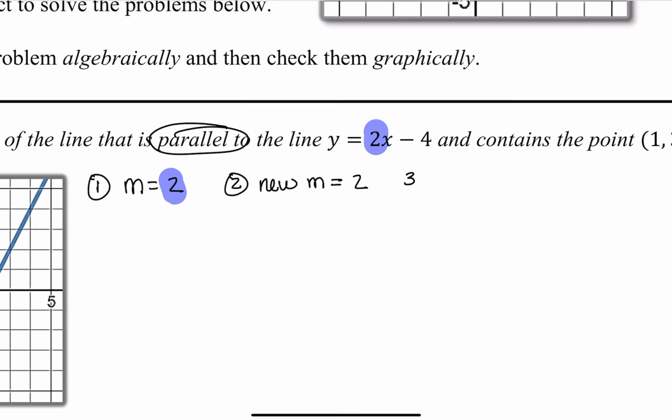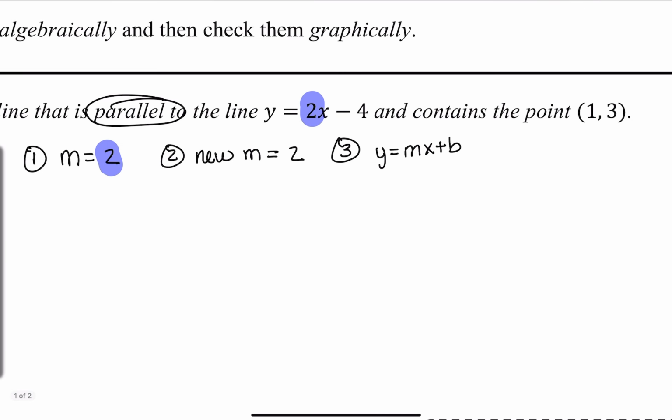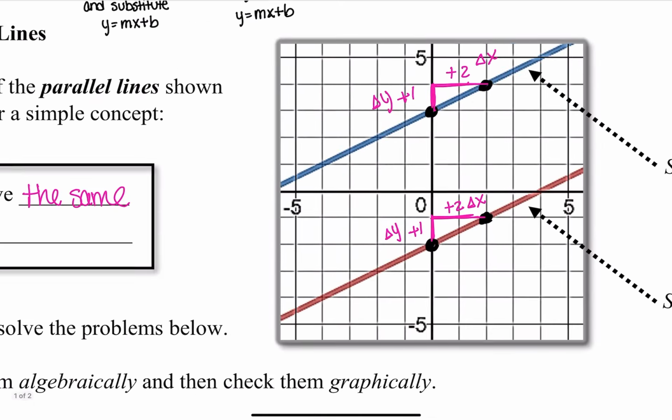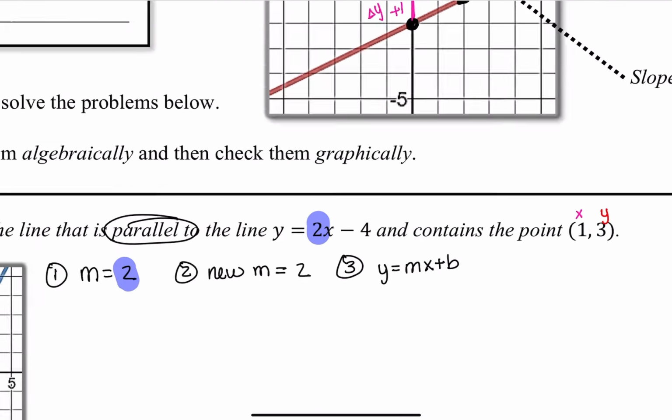Step 3 is going to be label your x and y and substitute in y equals mx plus b. Well, it gives you a point. This is your x, this is your y, and you're looking for your new b by labeling your x and your y.